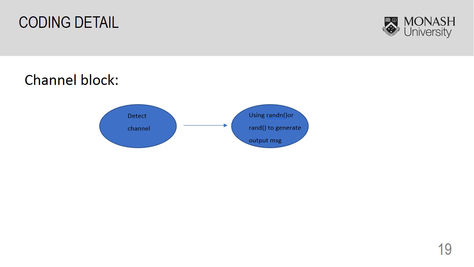The encoded message will then go through a channel block. In this channel block, the encoded message will experience different channel conditions. The channel block function will first detect the channel string to determine whether it's AWGN, BEC, or BSC.